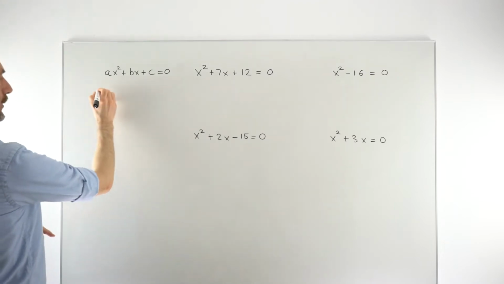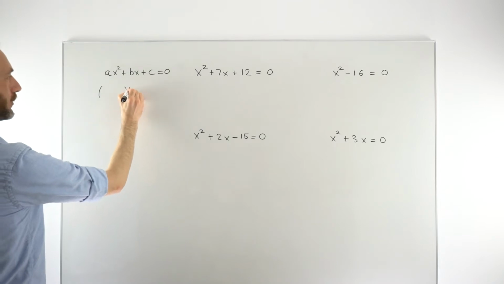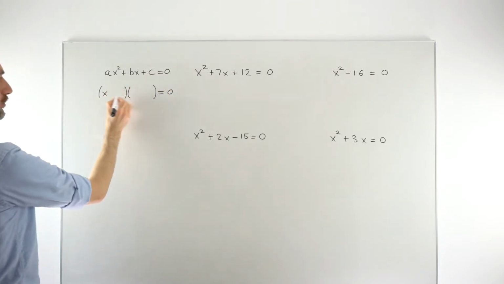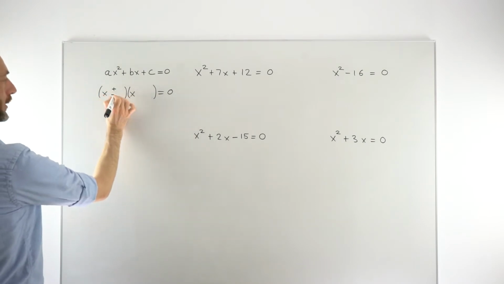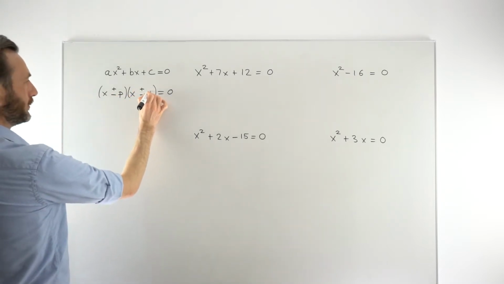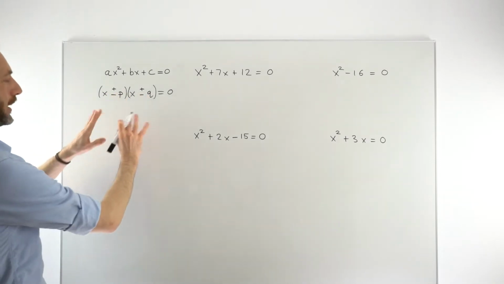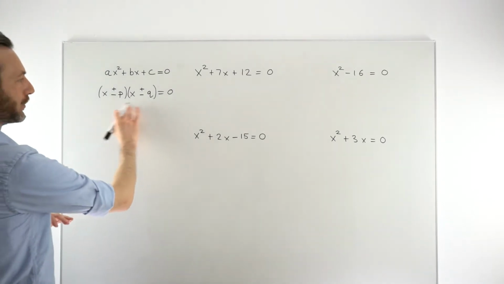You could factorise it as a trinomial if it is in trinomial format, which means you're going to rewrite the expression in two brackets like this. It would probably be an x and an x, although there could be numbers here as well, and it'll be plus or minus some number value there and plus or minus some number value there. Don't worry too much about whether it's plus or minus.